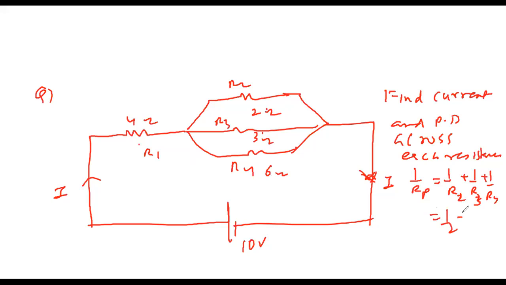That is 1 by 2 plus 1 by 3 plus 1 by 6. LCM is 6: 3 plus 2 plus 1.